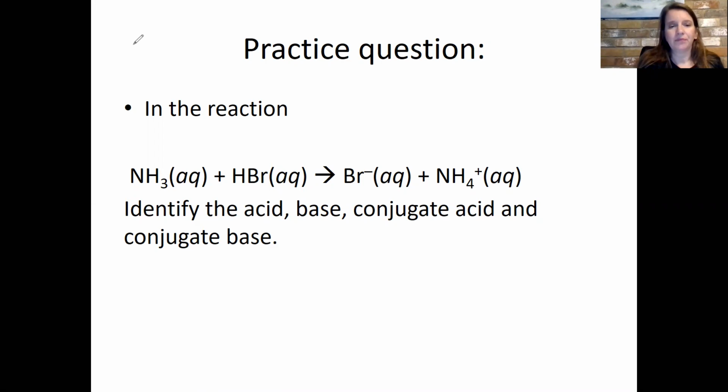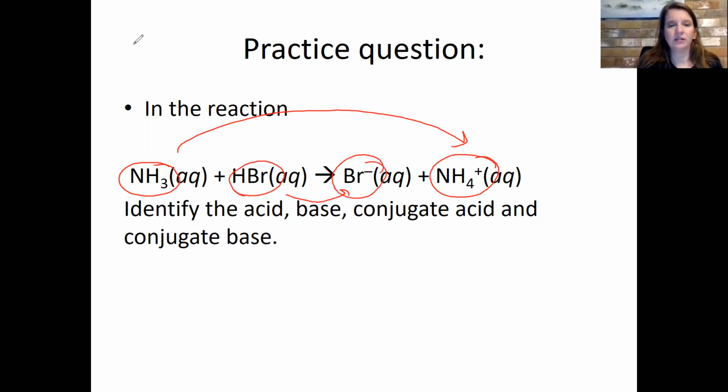So over here, we can see that the NH3 becomes NH4 over here, and the HBr becomes Br negative over here. So which thing on the reactant side lost the hydrogen? The thing that lost the hydrogen is the acid. The thing that gained the hydrogen is the base.